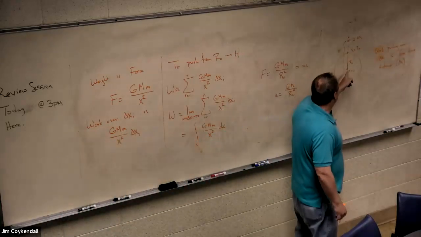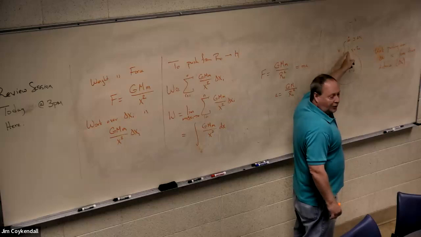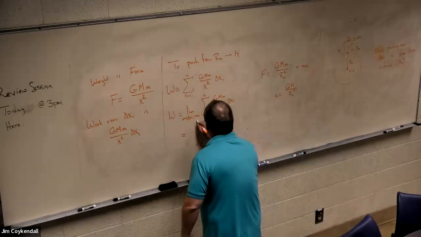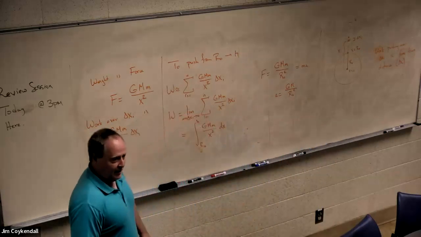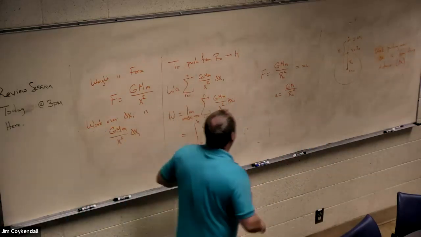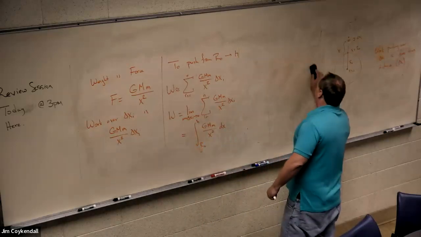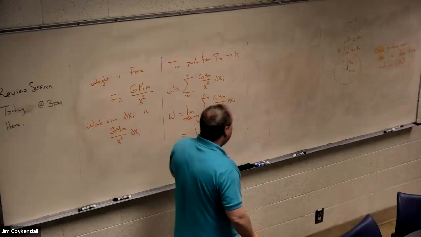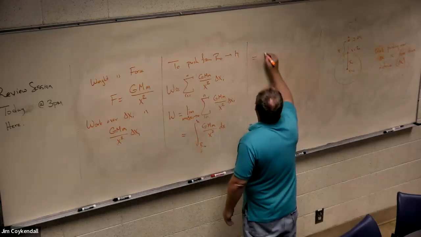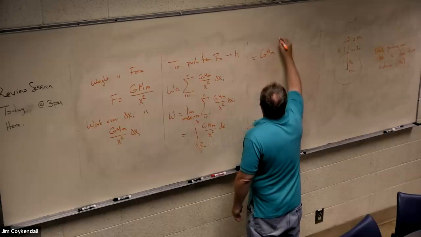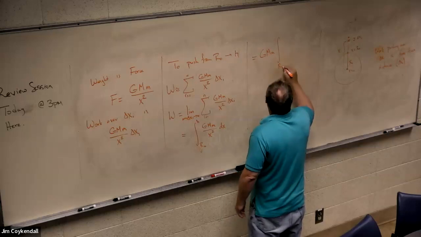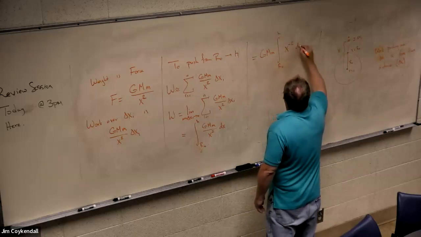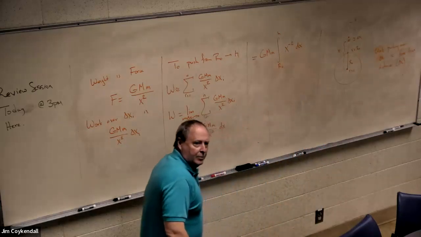Unless I'm trying to push you out of hell, right? I start at R0, and go to H. So this is GMm times the integral from R0 to H of x to the minus 2 dx.